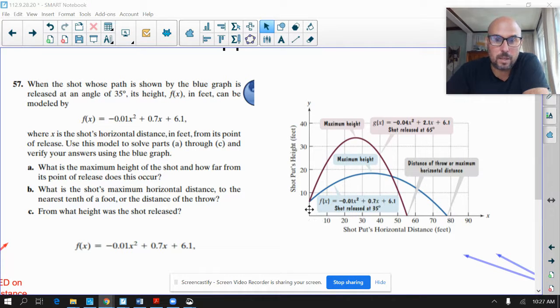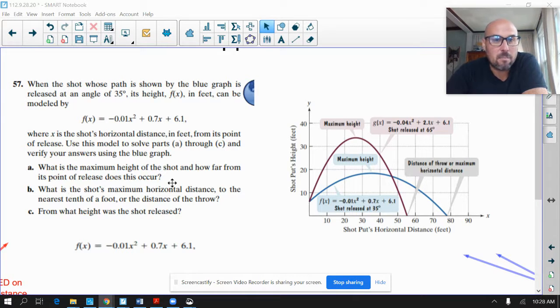So she begins throwing it here, and I think we're working with the blue parabola. So she throws it way over here, farther than 70 feet, but not quite 80 feet. And then the height of the shot put is determined by the y in feet again.